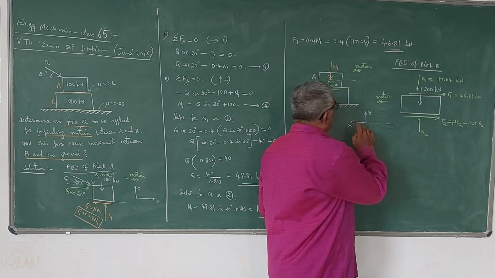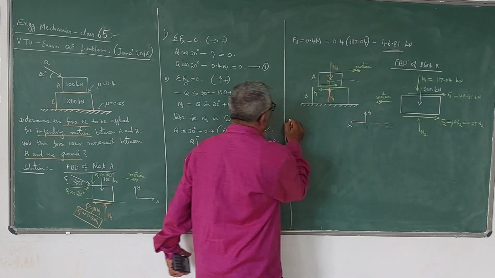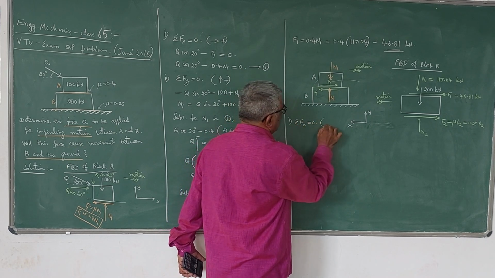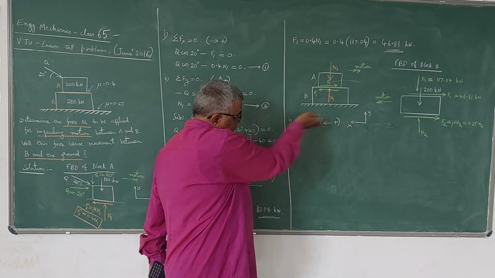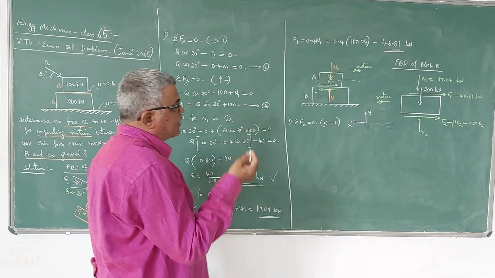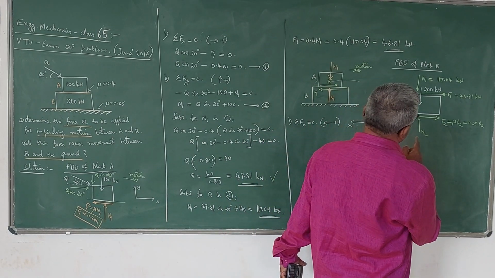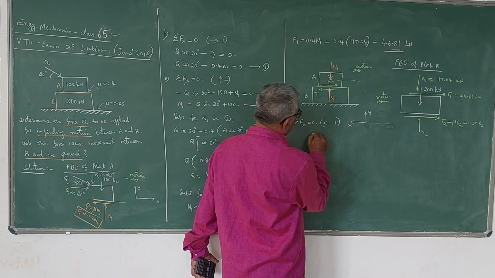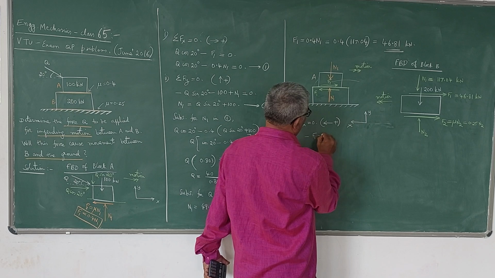Now since direction of motion of B is like this, this is decided based on this friction force value. Now if you apply the equation sigma Fx is equal to 0, the only difference is direction of motion is this direction, therefore towards left is positive, right is negative now. So you can see here F1 is negative, F2 is also negative.